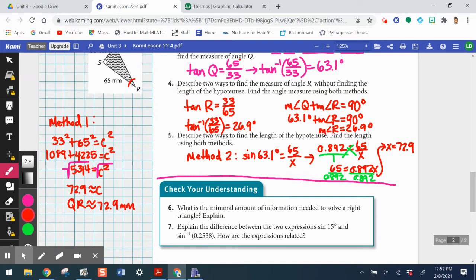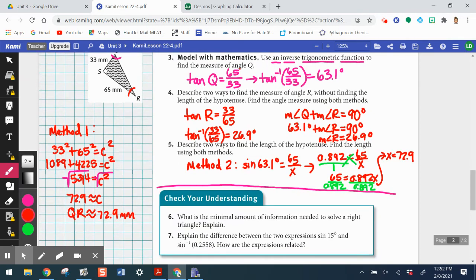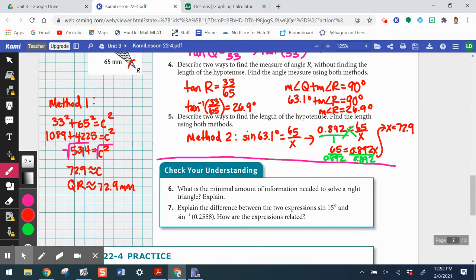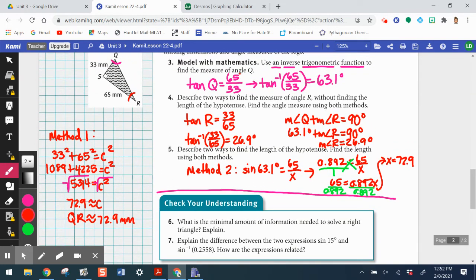So method 1 to find the hypotenuse is using the Pythagorean theorem, a squared plus b squared equals c squared, where c is the length of the hypotenuse. So that is actually what we're finding here. So I plugged in 33 millimeters for A, 65 millimeters for B. Remember, it doesn't matter. A and B are just the length of our legs.